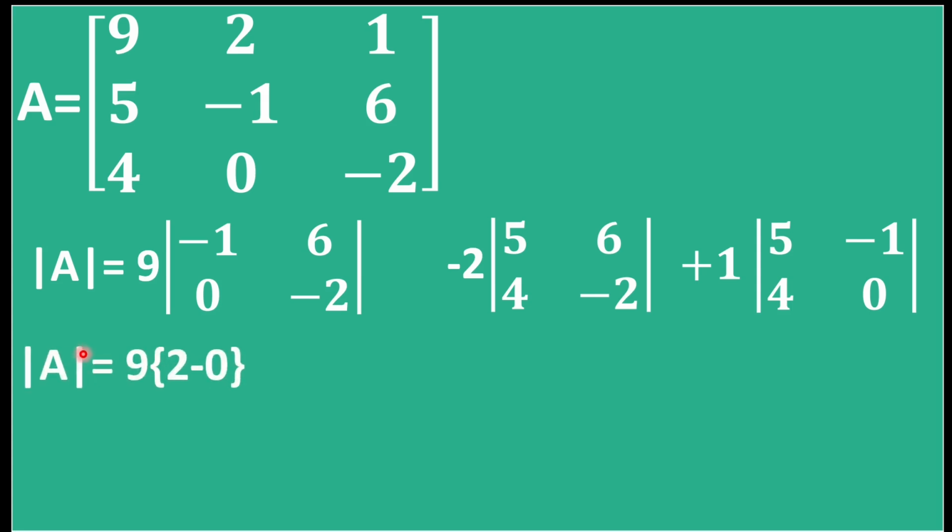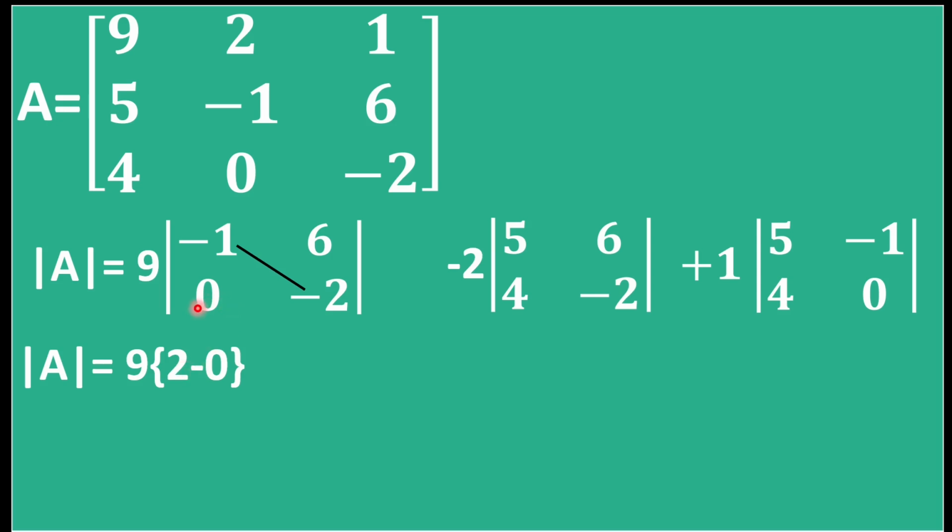So for evaluation, we keep this 9, and now we will multiply these two terms, that is -2 and -1. When we multiply -1 with -2, it will equal 2. And then we will write minus in the middle over here.